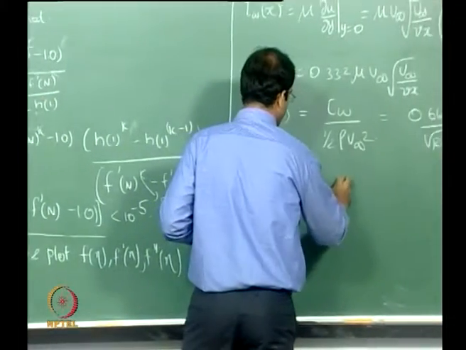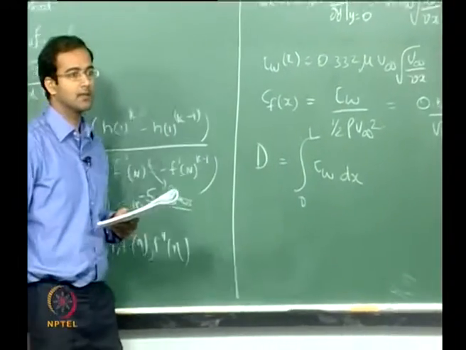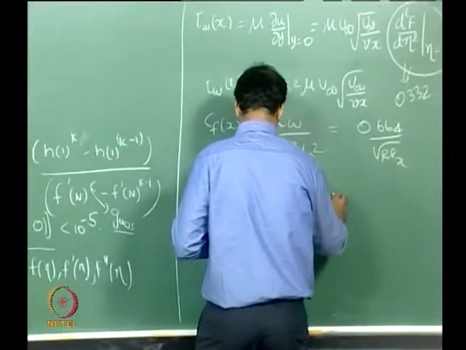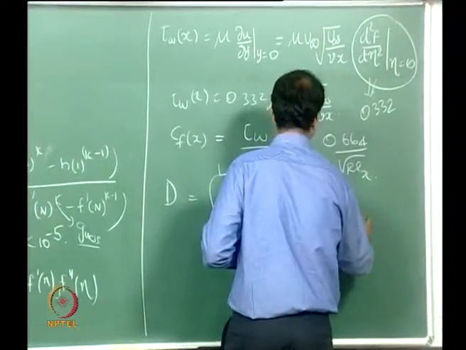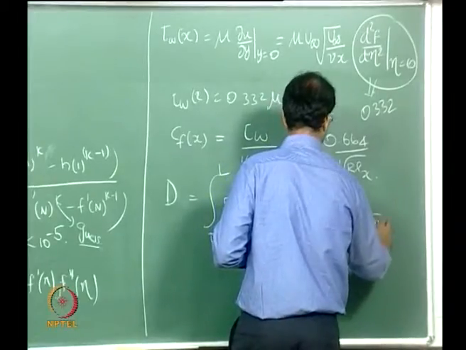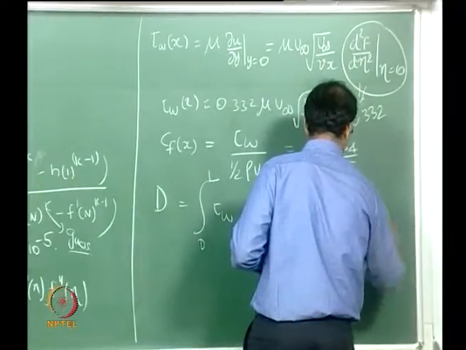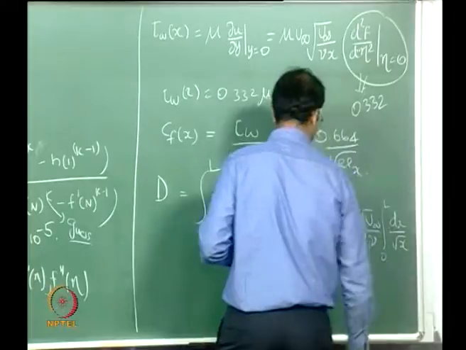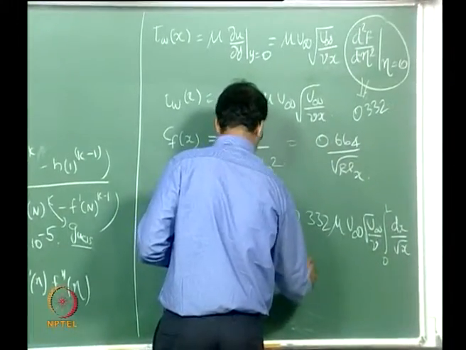So this is tau dx from 0 to L. This will give me the total drag force on the plate. So if I substitute, this will be 0.332, which gives me the value 0.664.